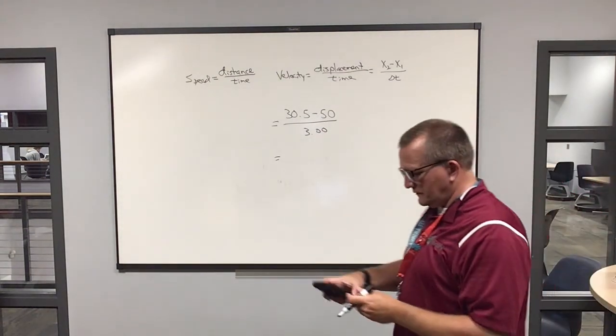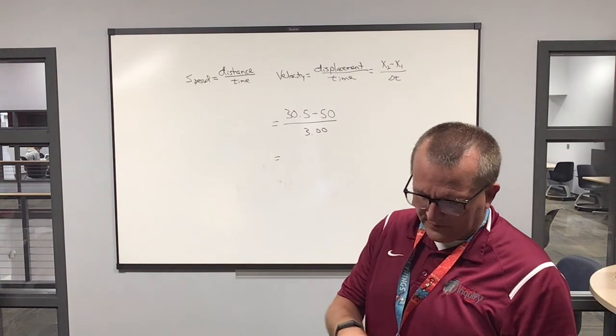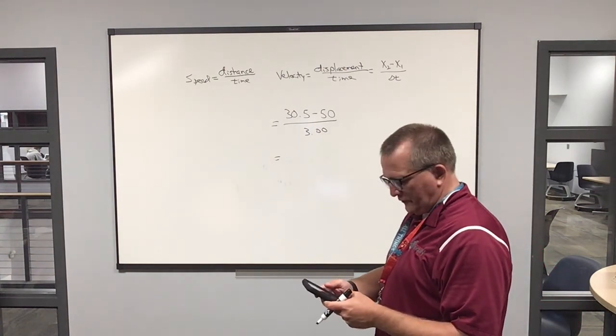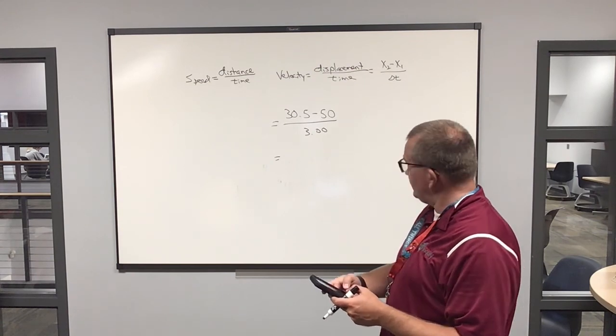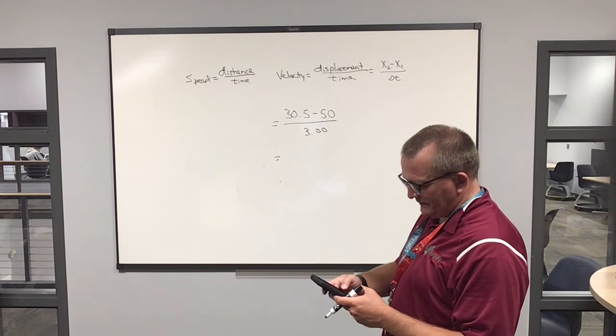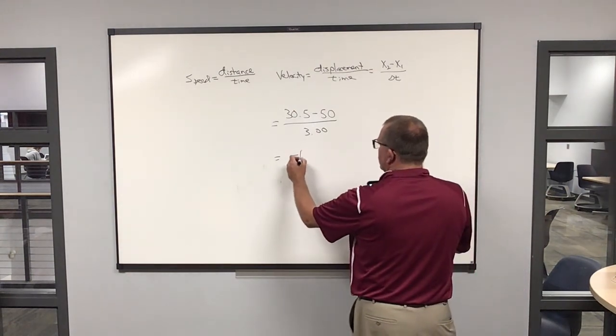And to do this on our calculator correctly, we've got to do the top first. So we take 30.5 minus 50. We get negative 19 and a half. Divide that by 3, and we get negative 6.5.